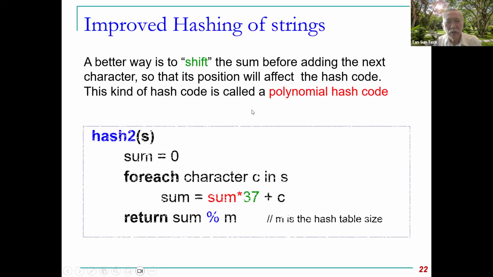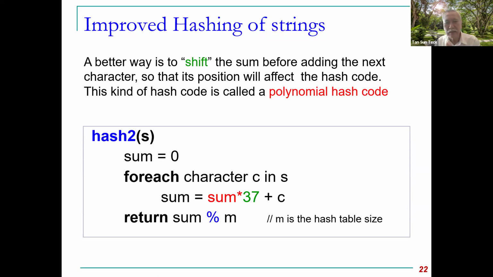Right, so to improve hashing of strings, we shift the sum before adding the next character. We can start from the back, or we can start from the front, there's no difference. Every time before we go to the second character, we multiply the ASCII value of the first character by some value, and then after that, you add the next number to it.